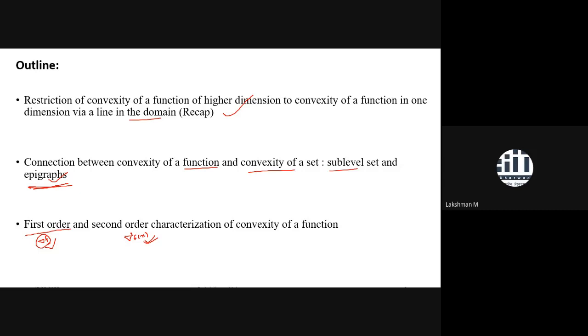So one approach is this, another is the Hessian approach. Both look like very practical and feasible operations for establishing convexity of a function. And if time permits, I will talk about some operations which preserve convexity. This is the third easiest way to establish convexity of a function.